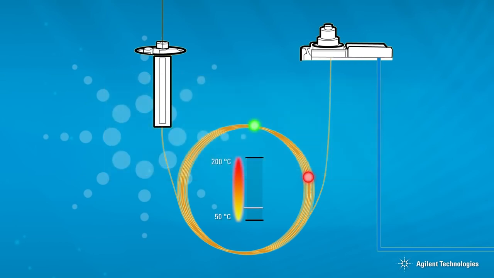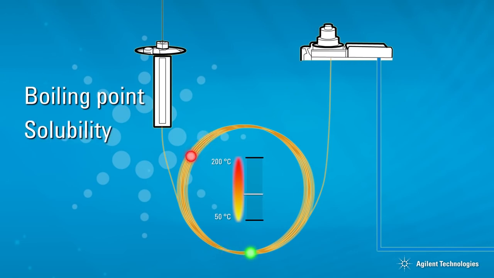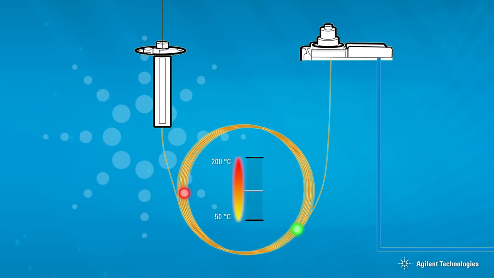As the GC oven is temperature programmed, the carrier gas starts to sweep the sample components through the column. The time that it takes for each sample component to reach the detector will be a function of its boiling point and its solubility in the stationary phase. Notice that the column oven temperature is being increased by a predetermined and accurately controlled temperature program.